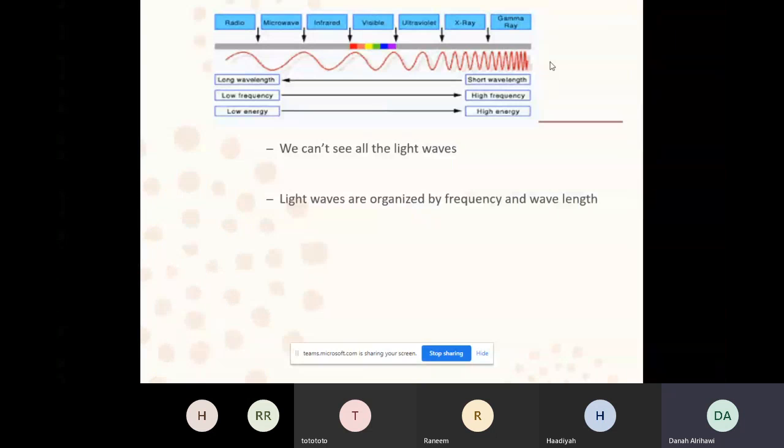Yesterday, we started talking about how the light waves are organized. We said they start from the left to the right. On the left, the waves are long, while on the right, the wavelength is short.